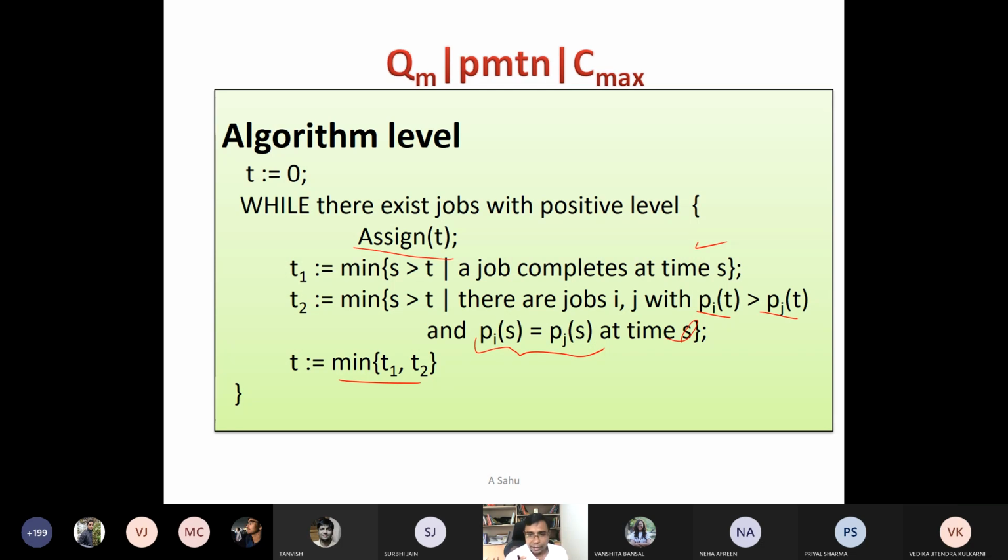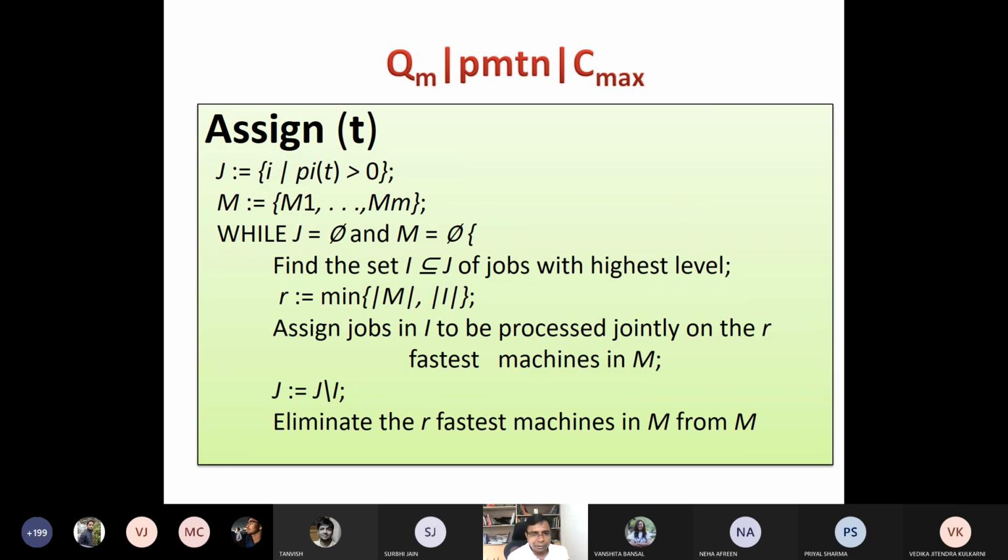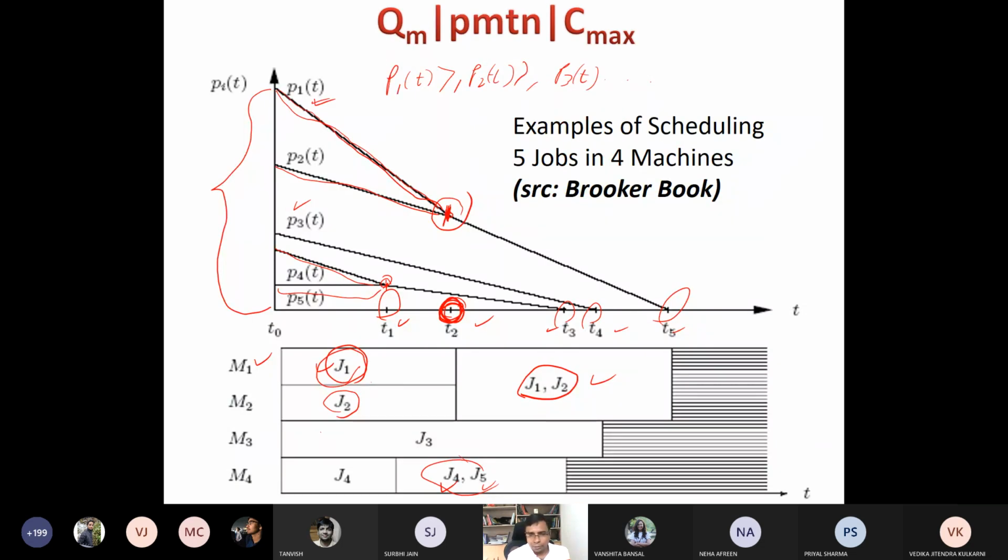So at S, the remaining time of P_i(S) and remaining time of P_j(S) are equal. Earlier it was not equal, one was higher and the other lower, and at S it is equal, then we need to look at that point. Among this T1 and T2, we need to pick the minimum point. So that we are calculating, and once it is equal, then we need to co-execute.